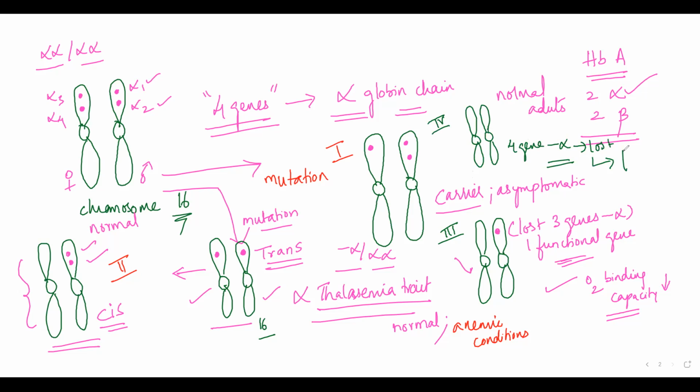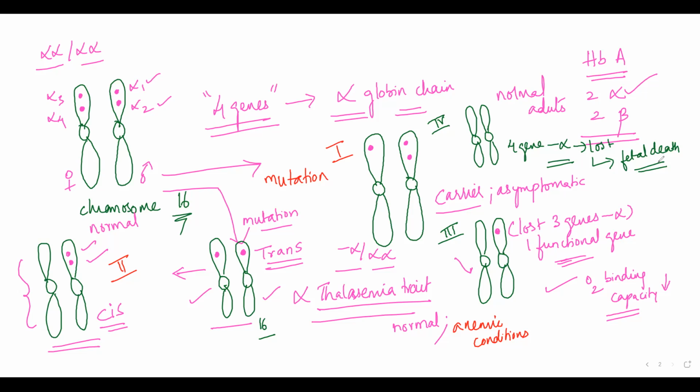This is going to lead to the death of the fetus. No birth is expected, because both the parental chromosomes are mutated in such a way that all four genes are lost. There is no alpha.